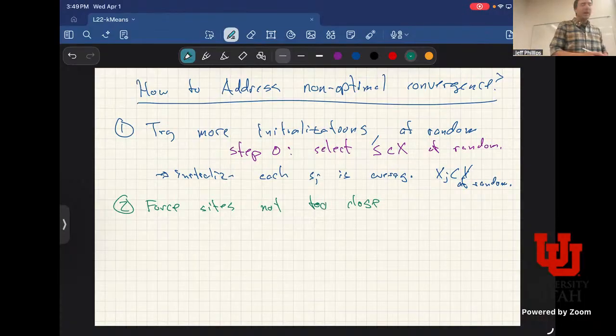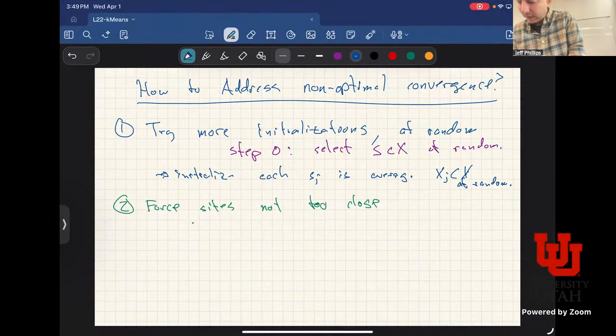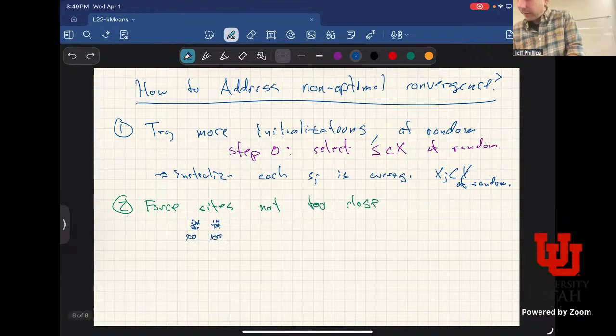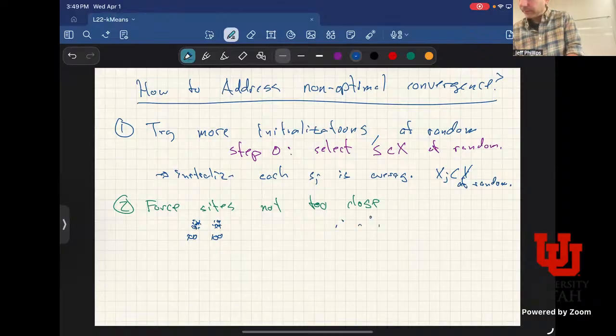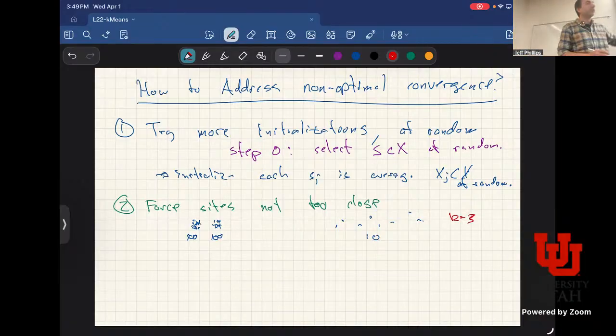Okay, so this can be reasonable to do, but if my setting is such that I have 100 points here, 100 points here, and then I have 10 points out here. Okay, so if k is equal to 2, one option, or let's say k is equal to 3, the points on the right are more spread out.